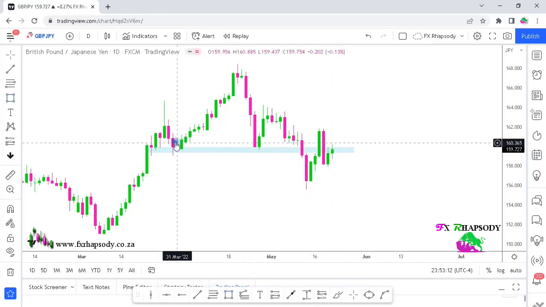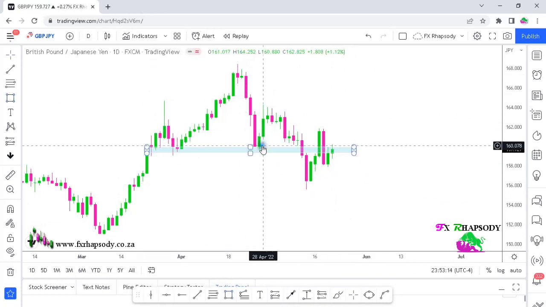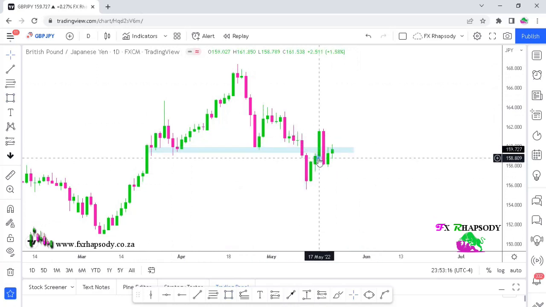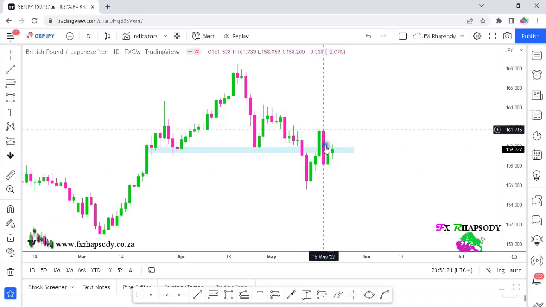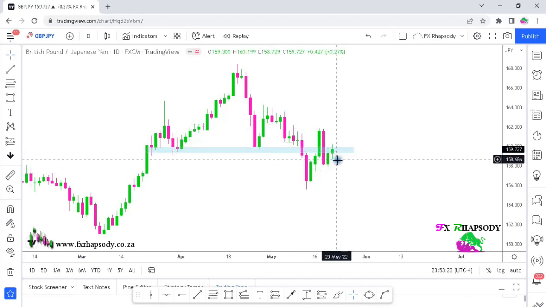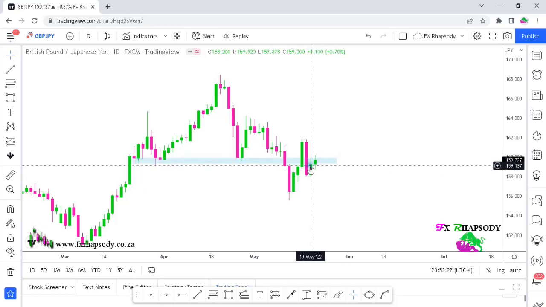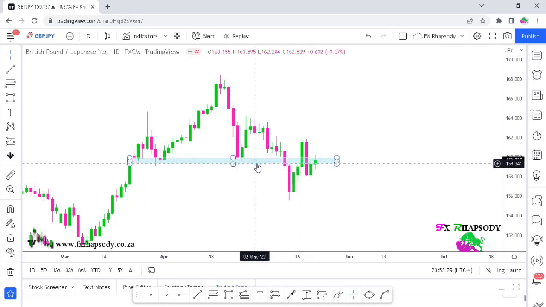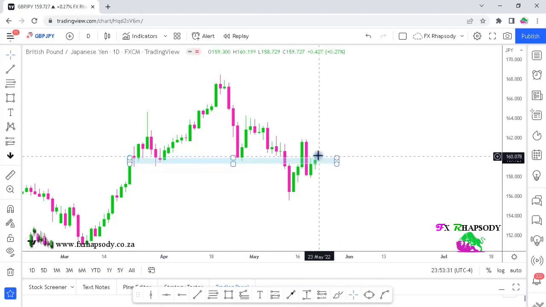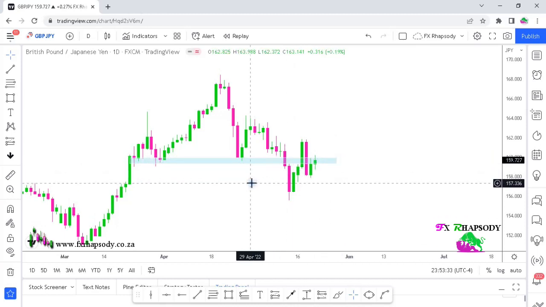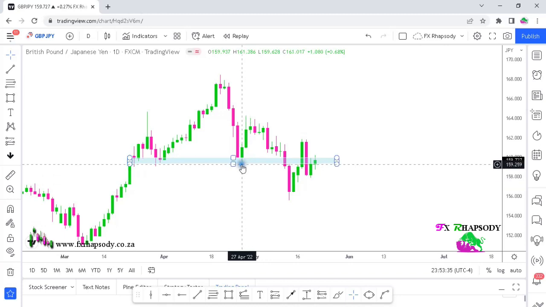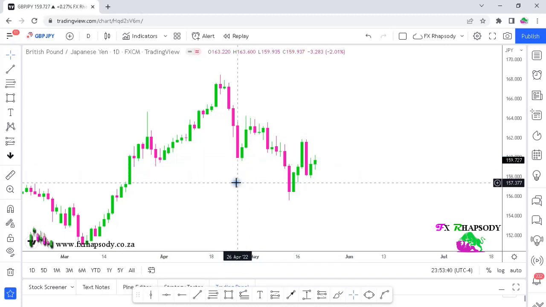That was a support area, and after breaking that support there was a bit of a liquidity run going down, and then it hit that area again on a retest, now as resistance. I would like to see what is going to happen this week and how the monthly candle is going to close for the month, seeing that it's the last week of the month.